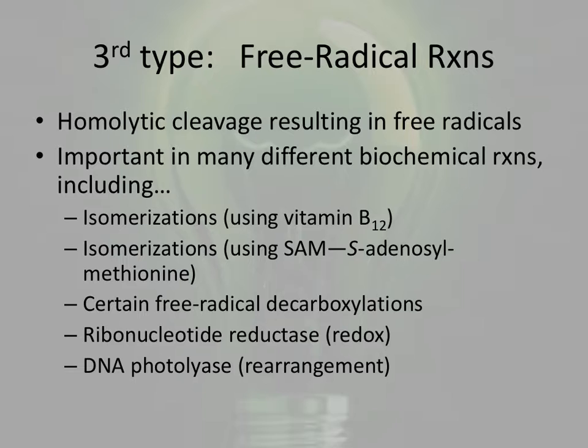They are important in biochemistry for a number of reasons. Sometimes isomerizations. One example is using cobalamin, the cobalamin dependent ones. This is vitamin B12. If they use SAM, does anyone know what this is? It stands for S-adenosylmethionine. Given that, I would expect you to know what it looks like.